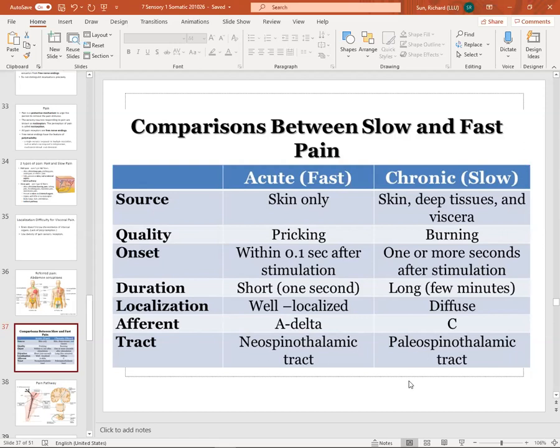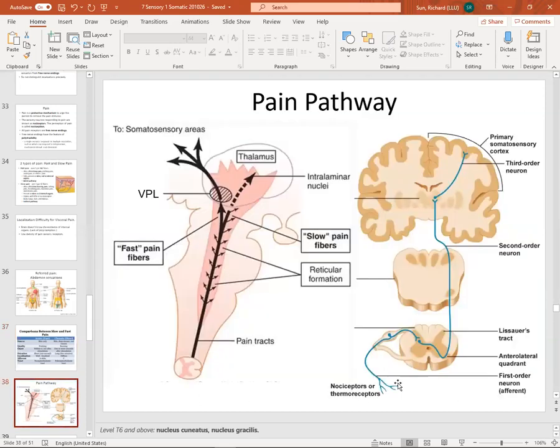These pathways are basically two different branches of this ALS system. So this is the ALS system. However, here we have two types of input, type A and type C, fast and slow. When they go in, first it will be the same, but for the secondary neuron, it will become different.